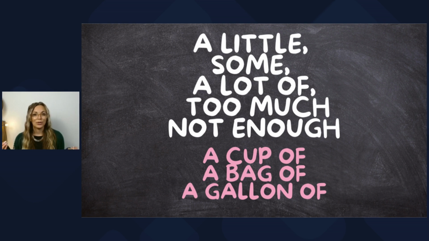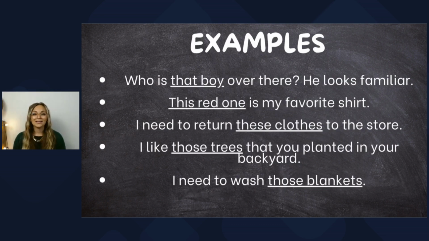Again, we use uncountable with this or that. So this milk is spoiled. That water is safe to drink. Okay, good. Let's look at some examples for using this, that, these, and those for pointing.